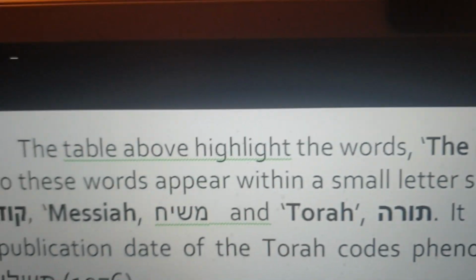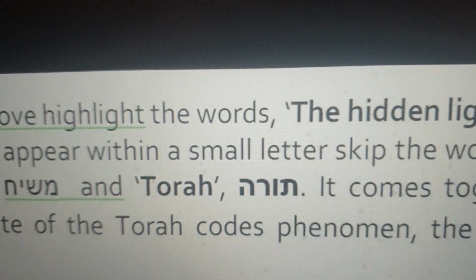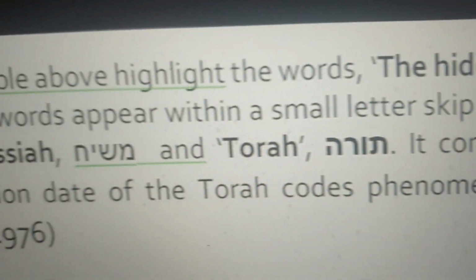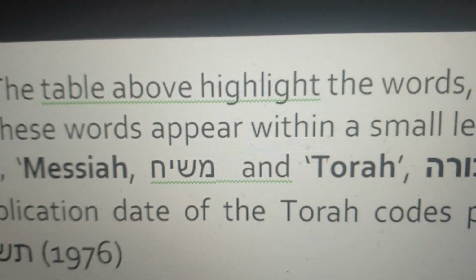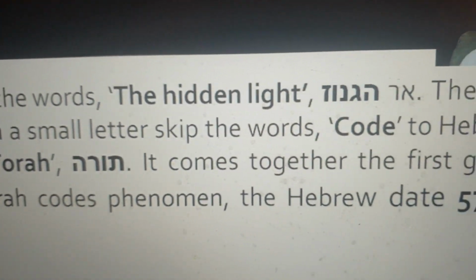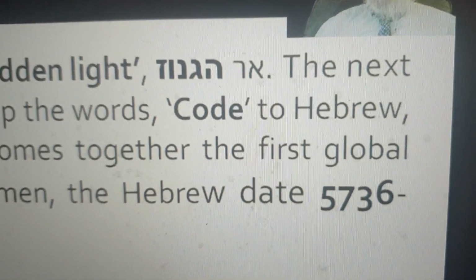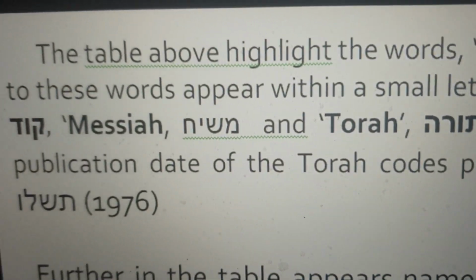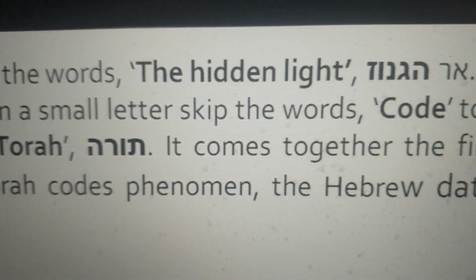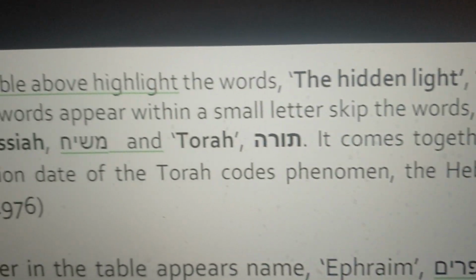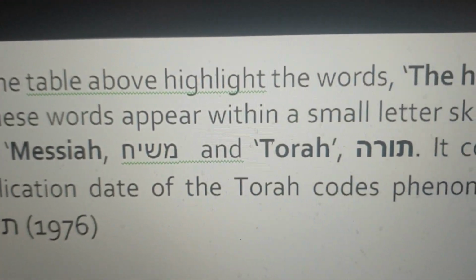So she explains what we see. Like when we saw Oraganus, the table above highlights the words, the hidden light, Oraganus. Next to this verse appear, within a small letter skip, the word code in Hebrew, Messiah, Mashiach, and Torah. It comes together with the first global publication date of the Torah codes, the Hebrew year 5736.